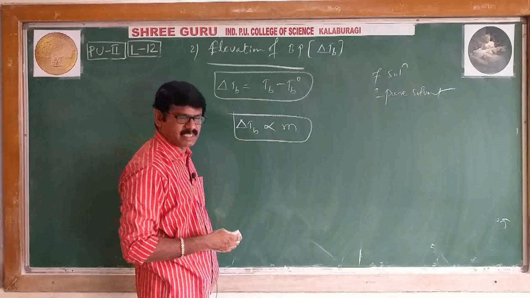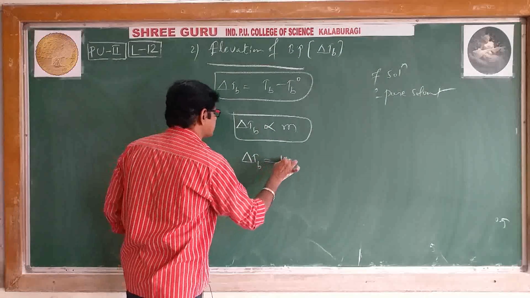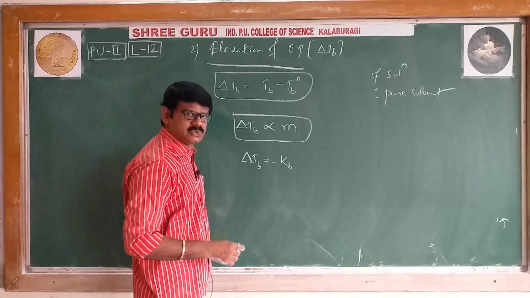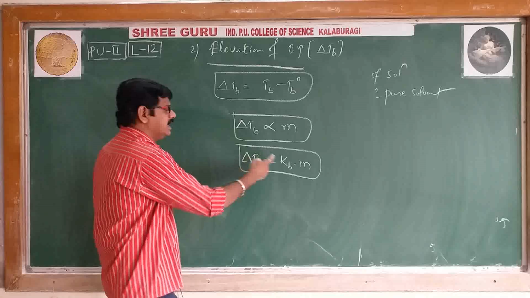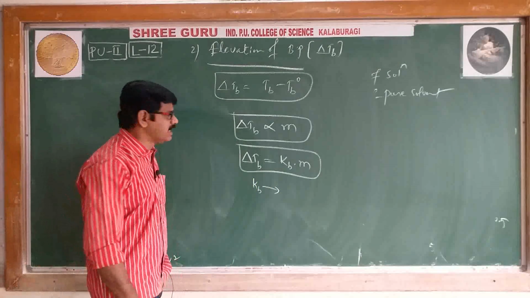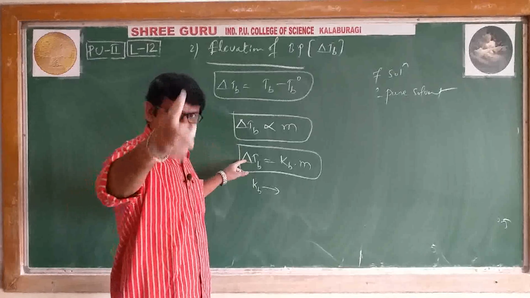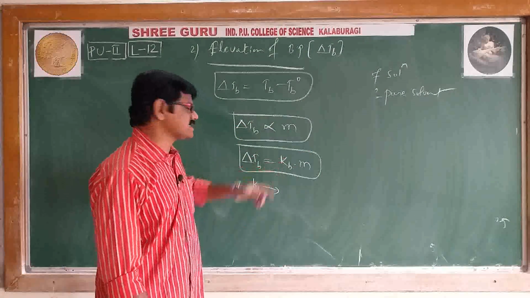This is an experimental result. Now I will remove the proportional symbol. Delta TB is equal to KB into m. We are getting a new symbol, KB. What is delta TB? Elevation in the boiling point. What is m? Molality. What is KB?